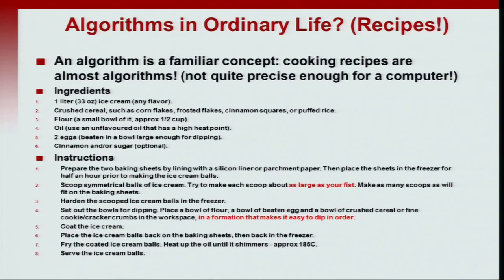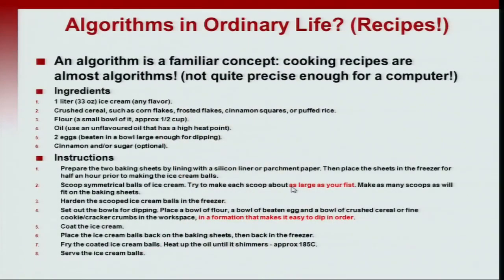Okay. Even so, you will see that certain recipes are fairly vague and other recipes are fairly detailed, and in any recipe you can see certain things which are vague and will cause confusion to most people. For example, here is a term which says try to make each scoop about as large as your fist.